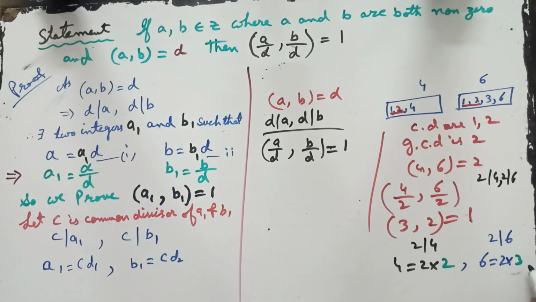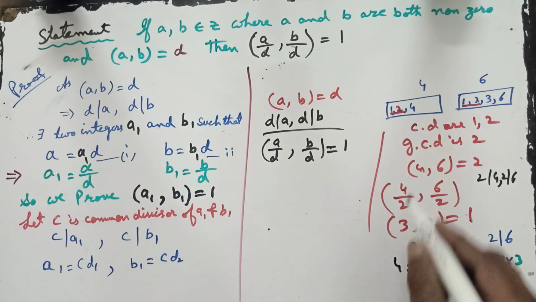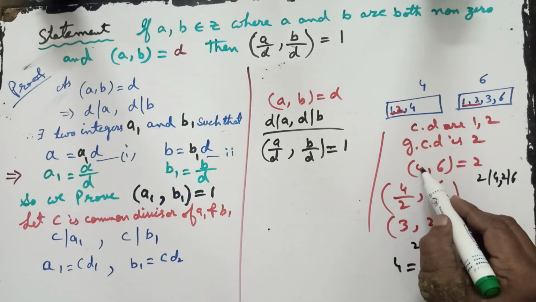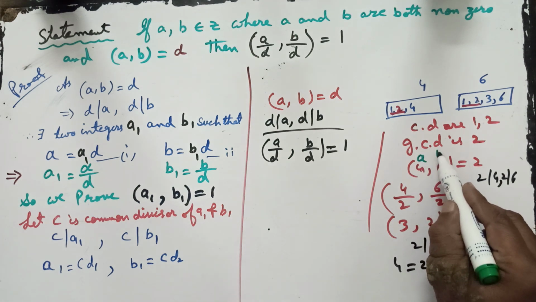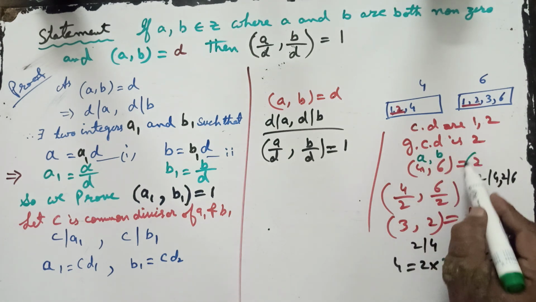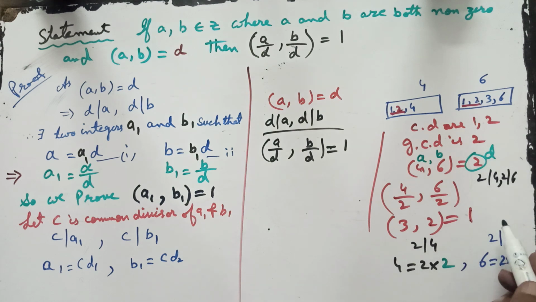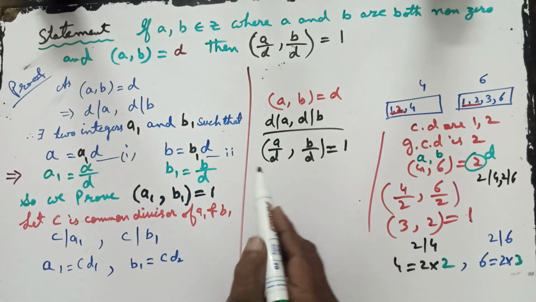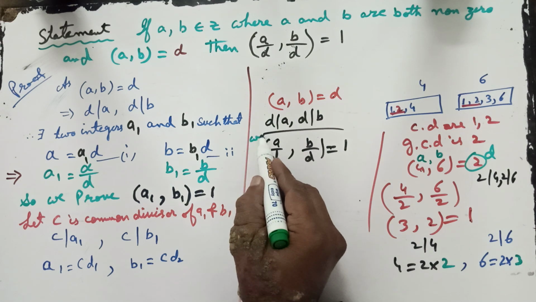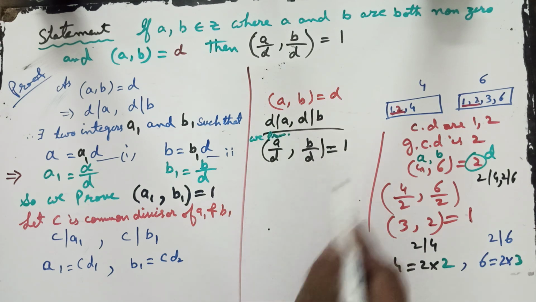We can write it like this. Here we take A in place of 4 and B in place of 6, and this is the D, therefore D divides A and D divides B. We want to prove this.